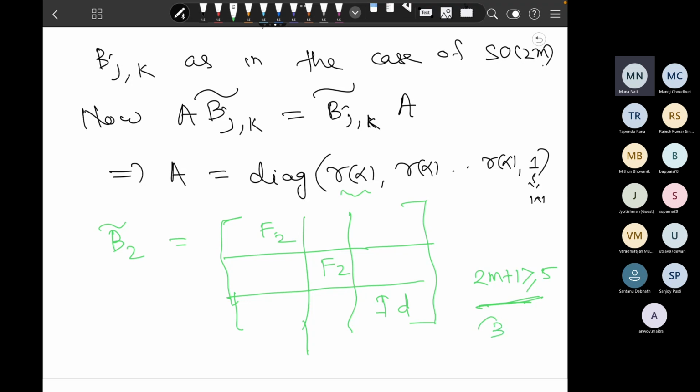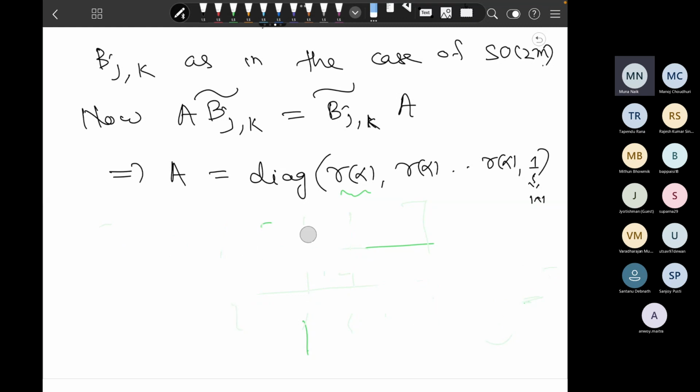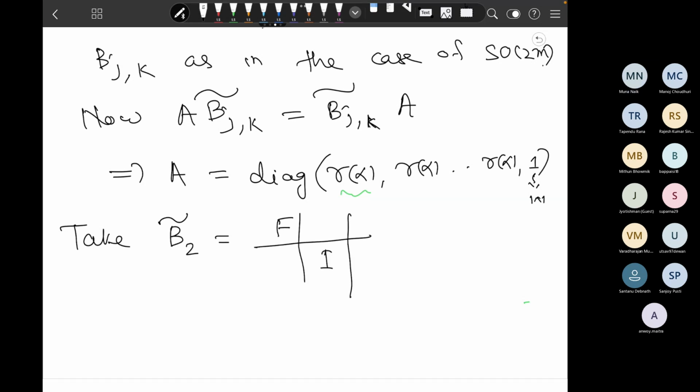That will exclude this case 3, and I don't want that. So for that reason, I will choose B2 tilde equal to F, then identity, and at the last entry I will choose minus 1.